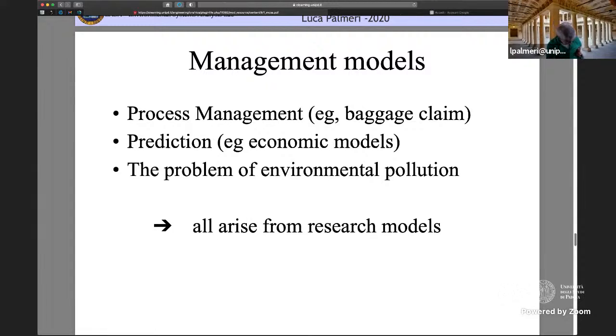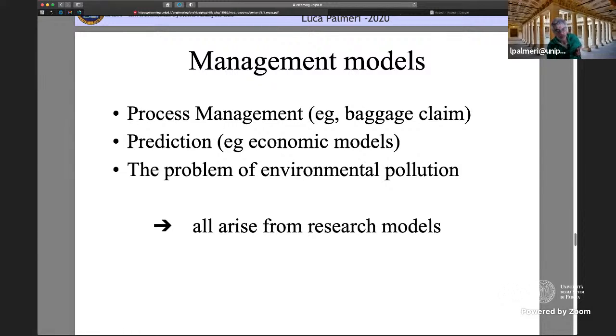Another important class of models, particularly important for the engineers, are the so-called management models. An example of process management is that of baggage claim systems in airports. The baggage claim system is quite complex because in a larger airport, like for example that of Denver, you have tens of flights arriving every minute, and you have a lot of baggage clusters to be distributed.